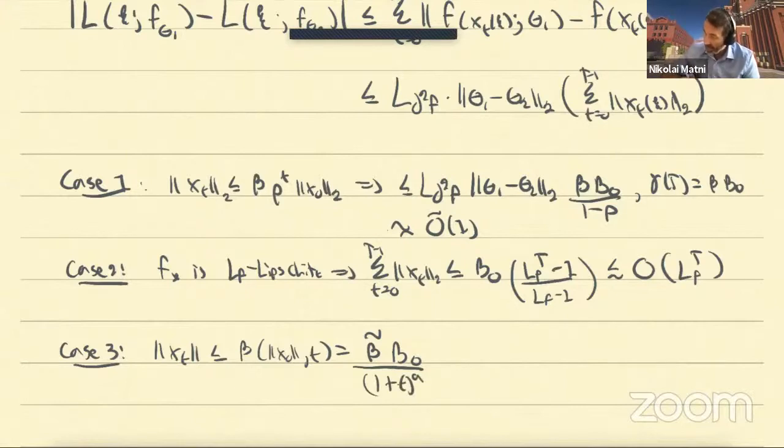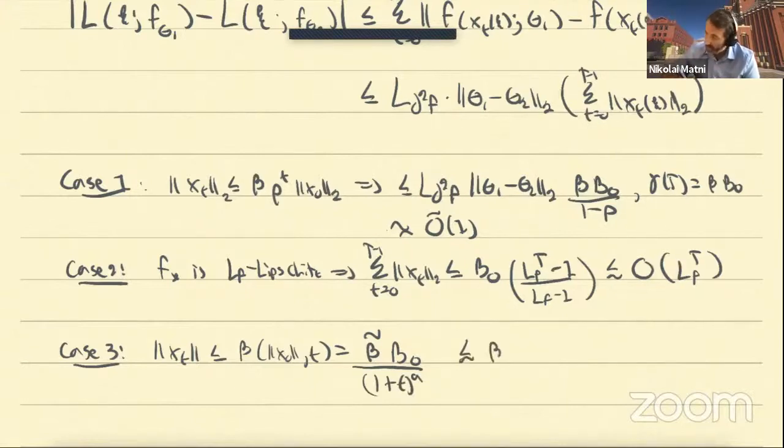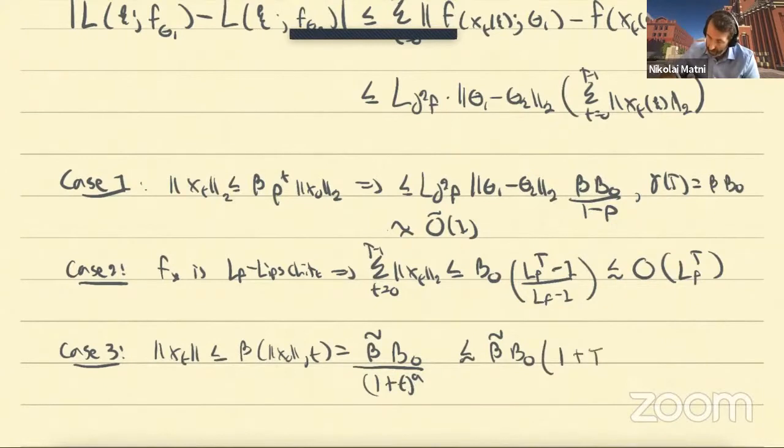So then this tells me that this is less than or equal to beta tilde b0, 1 plus t to the 1 minus a over 1 minus a for a less than 1.